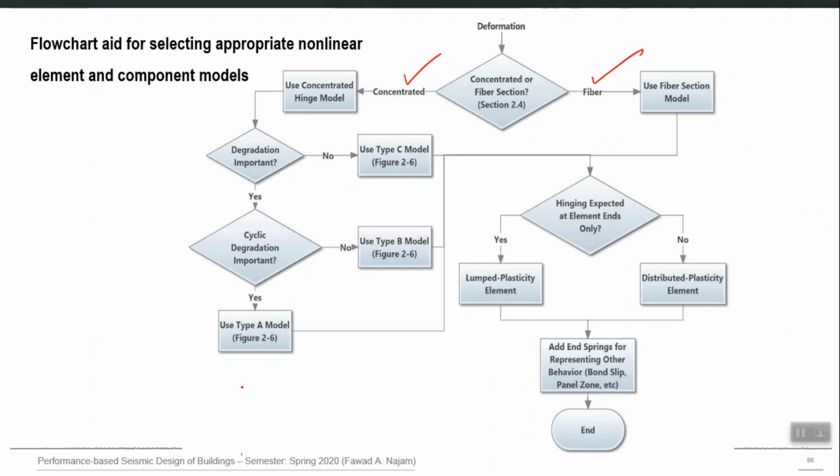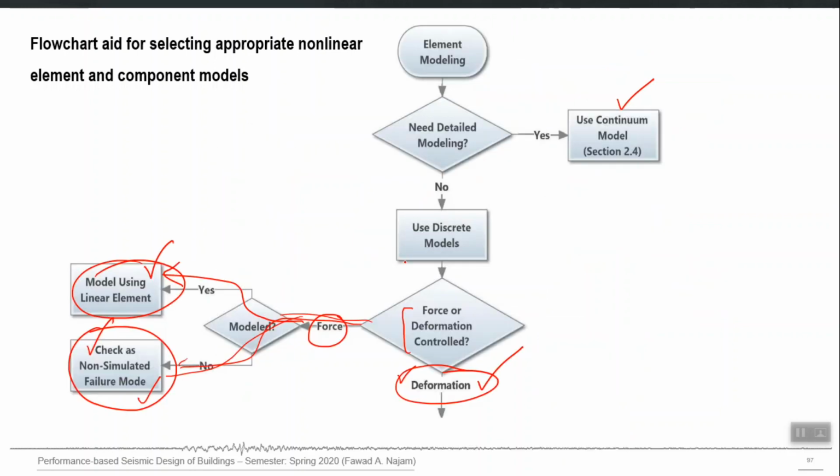In the force controlled actions, you have to decide whether to define a force control hinge or no need to define that. If you define a force control hinge here, the program will be able to detect that failure but will not be able to tell afterwards. If you don't model that force controlled action, you have to manually check whether that failure would have occurred or not, right? So the program will not tell.